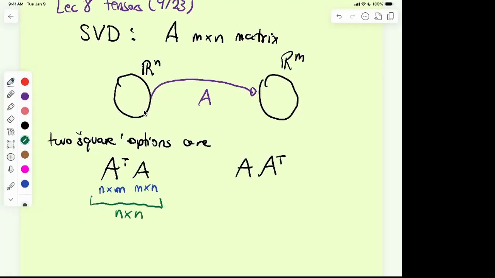The same happens with the other one: A is M by N and A transpose is N by M, so A A transpose gives you an M by M matrix. Those are the two square options that you could produce if you start with the matrix A.